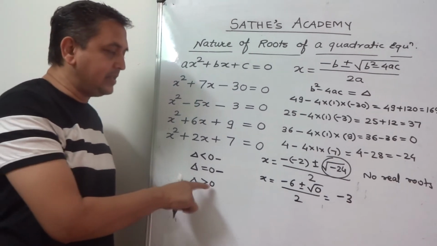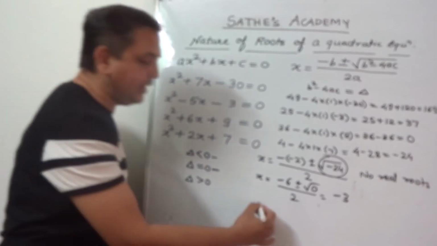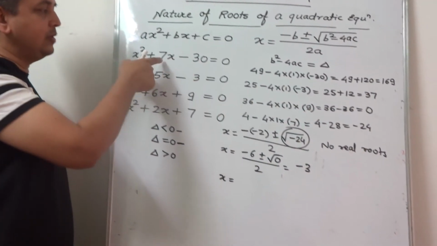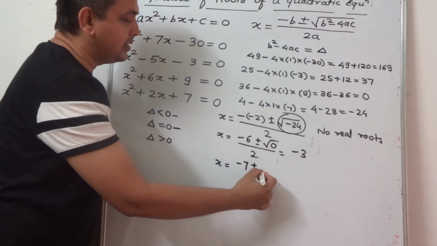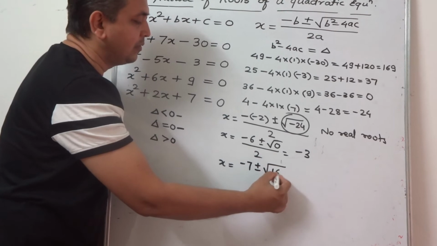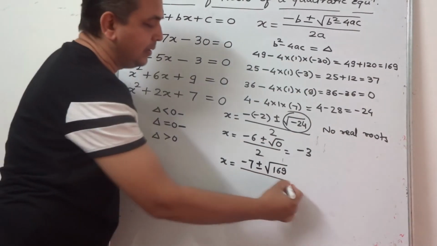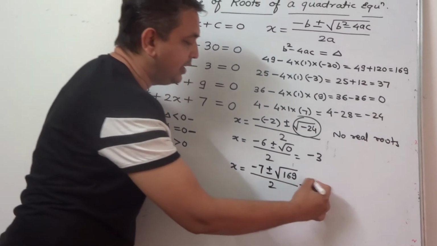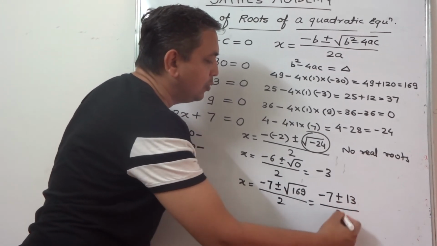And if delta is greater than 0, like in these two cases, we get x equal to, let us go for the first sum, minus 7 plus minus under root 169 upon 2a, that is 2, and solving this we get minus 7 plus minus 13 upon 2.